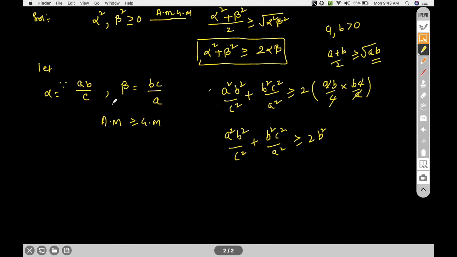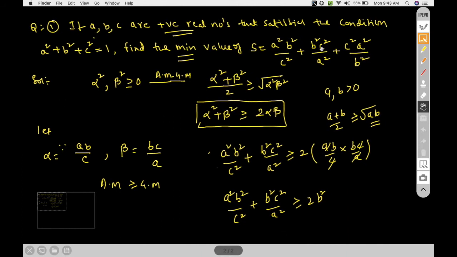Similarly, take alpha as the second term, BC by A, and beta as CA by B, and apply the same alpha square plus beta square is greater than or equal to 2 alpha beta.